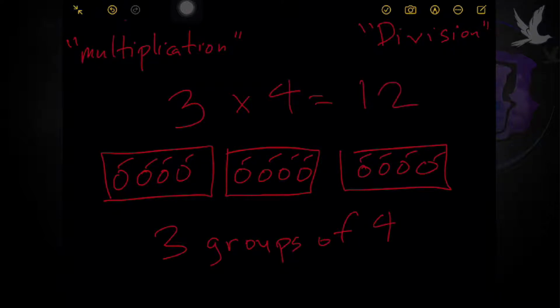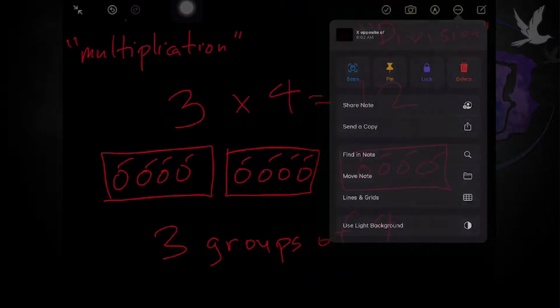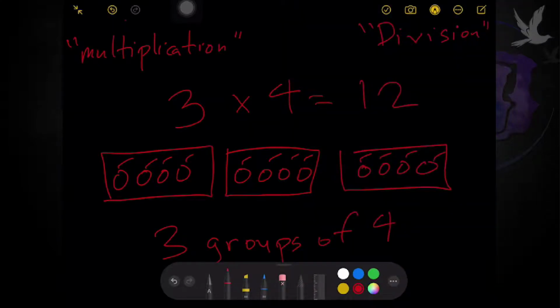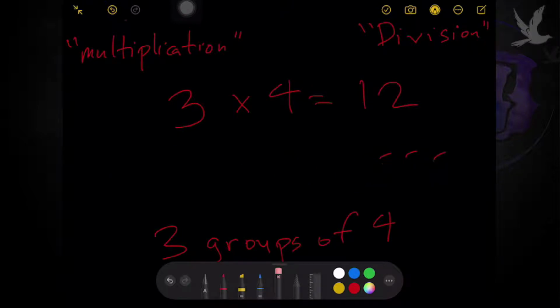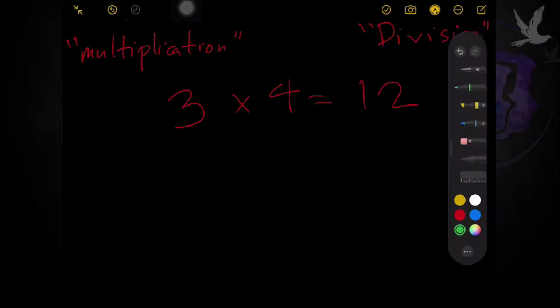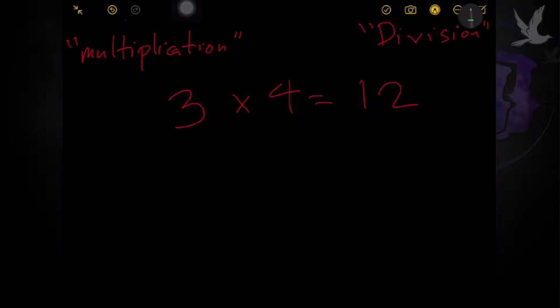Okay. So let me just remove this part. This can actually be related to division. Okay. So for example, we have our product here as 12. What are you going to do with 12?